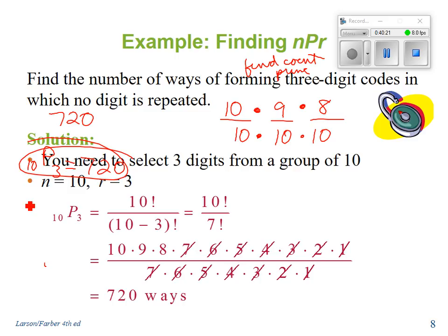If I write that out 10 times all the way down to 1 and 7 times all the way down to 1, look at what happens from 7 down on both top and bottom. They just cancel out. All we're left with is 10 times 9 times 8. That's what we did up here.